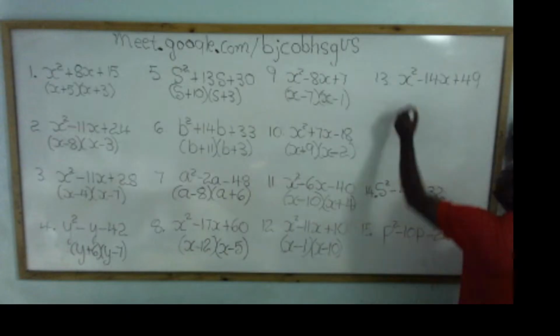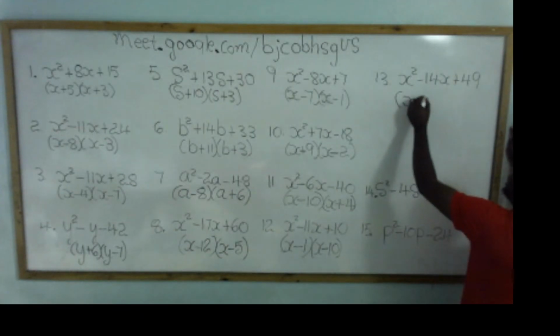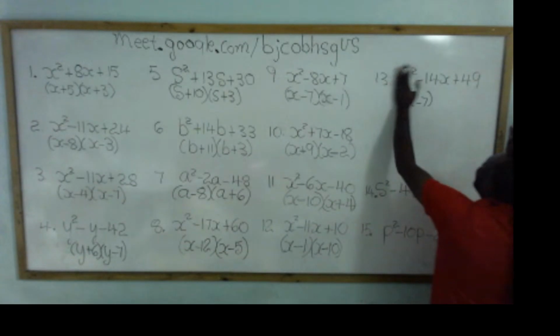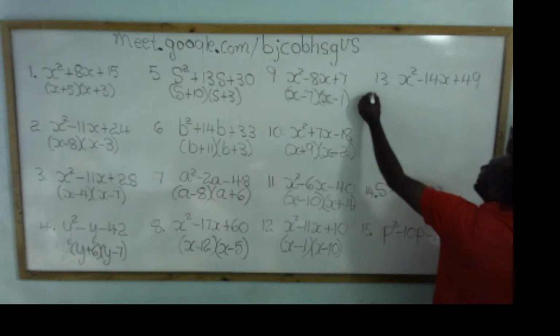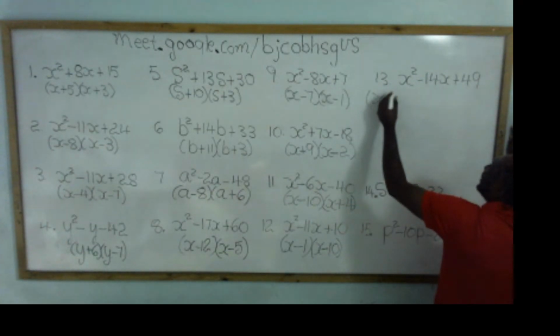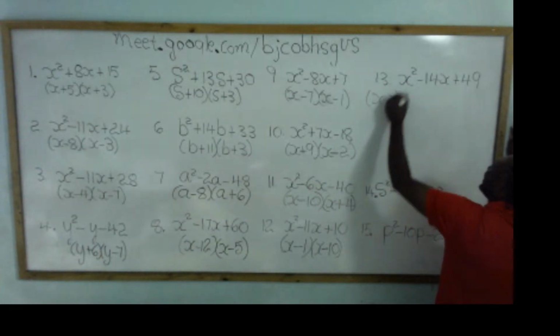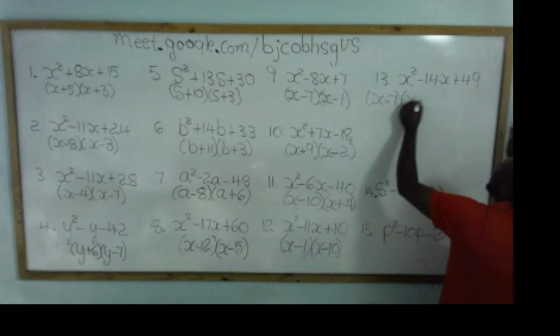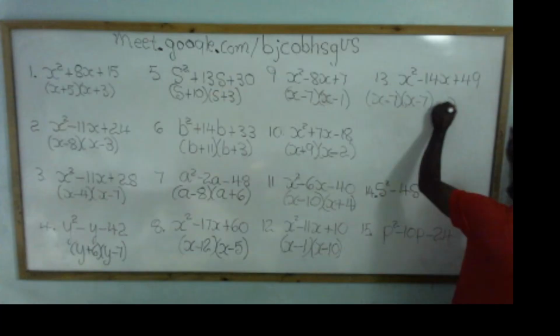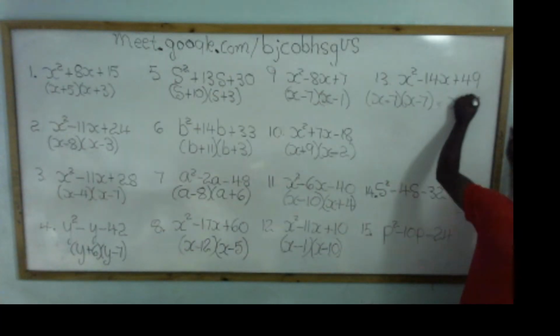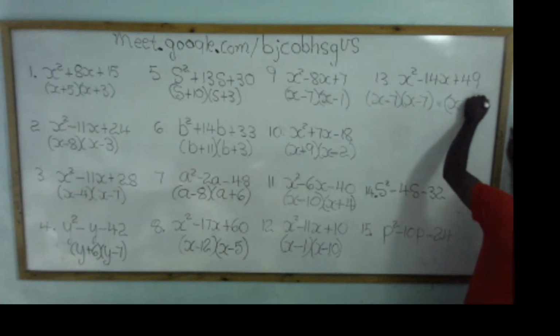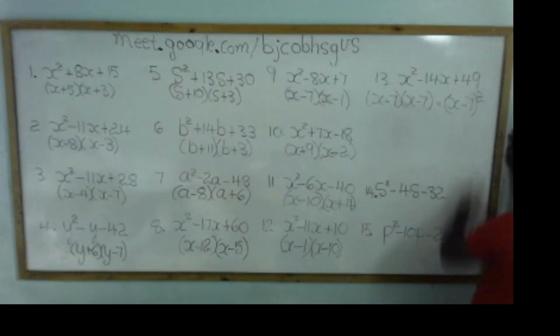And someone is saying that this one is x minus 7. I'm going to write it somewhere. x minus 7 with x minus 7, which is equal to x minus 7 all squared. So you're looking out for your perfect square, and there you have it.